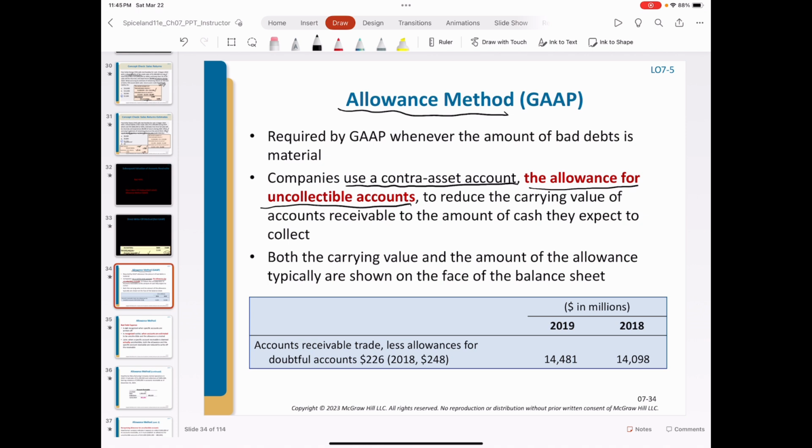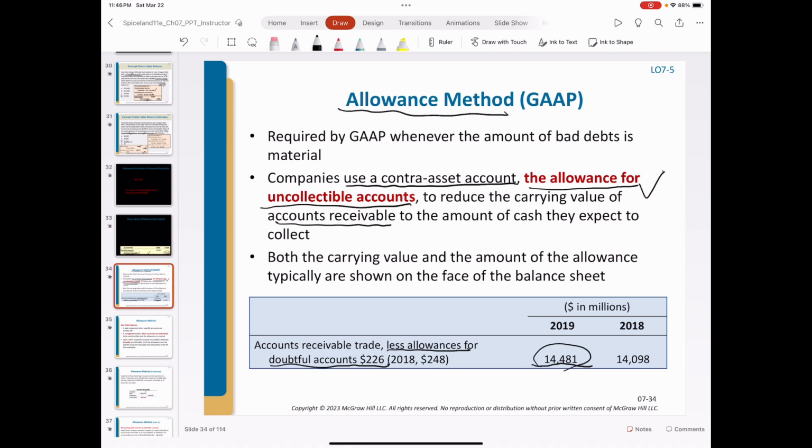Instead of crediting accounts receivable directly, we credit this account. Since it is a contra asset account, the net book value of accounts receivable is also reduced, but we do not reduce the accounts receivable account directly. Here in this example, in the balance sheet, you see the accounts receivable recorded for a certain amount, less allowance for doubtful accounts, 226 for 2019.